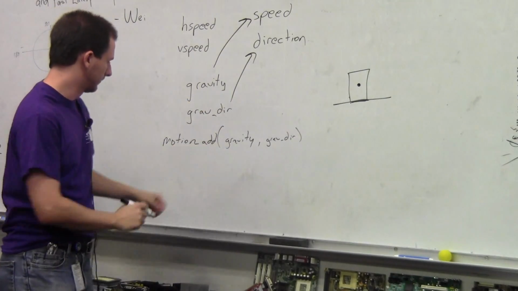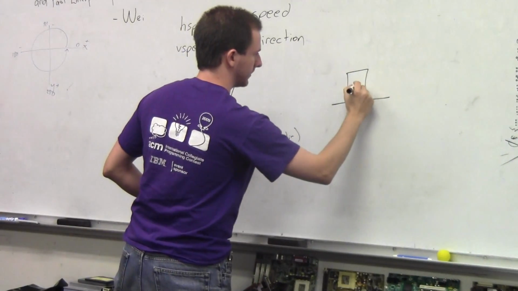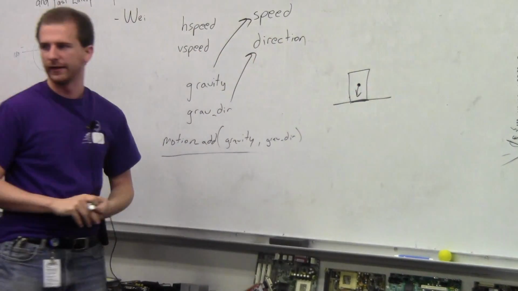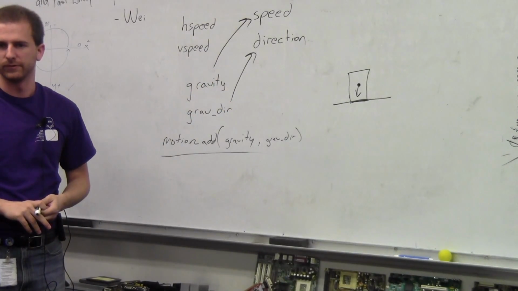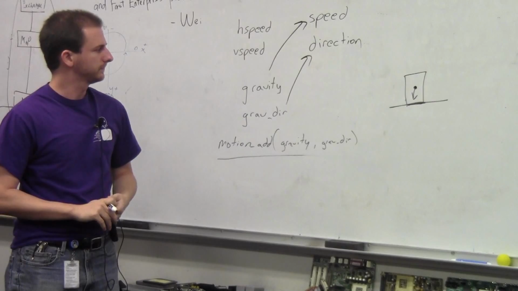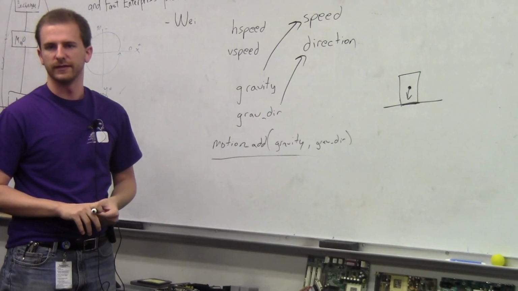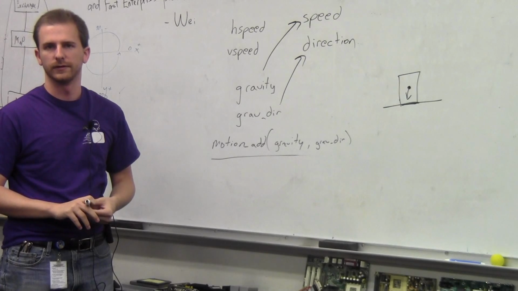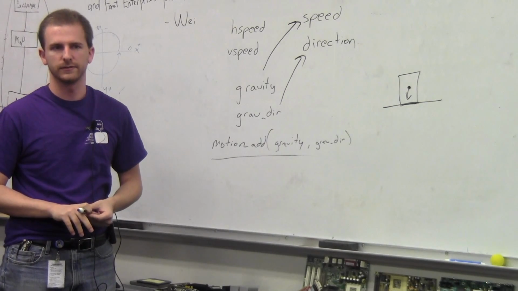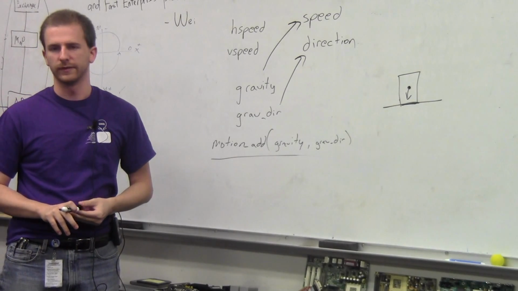Well, GameMaker's going to go, well, I'm going to motion add, and then add some motion to you, and you're going to start moving down again. And next frame, you've got a problem, because you're going to go right through the floor. So that is what I'm saying when you have to be careful with the built-in ones, because they're going to change your object's state. So you really need to know what those ones are doing.